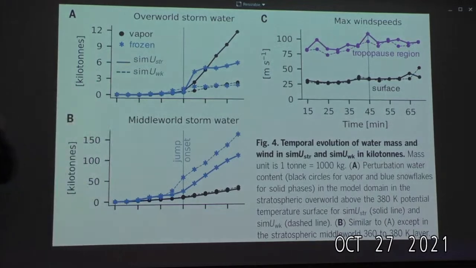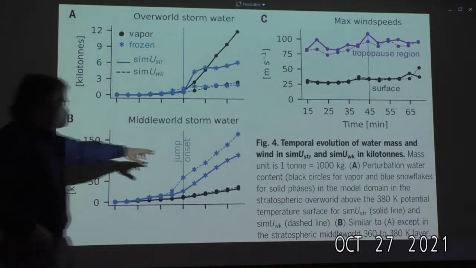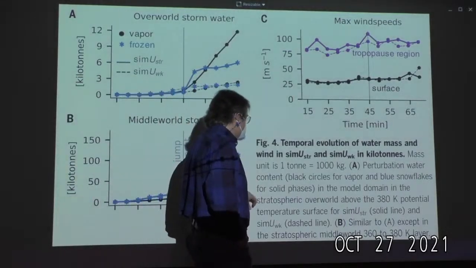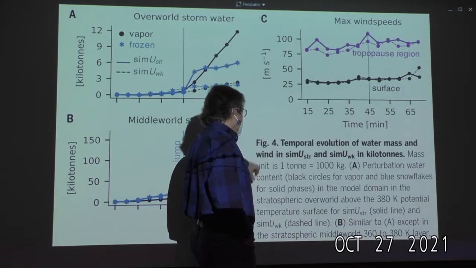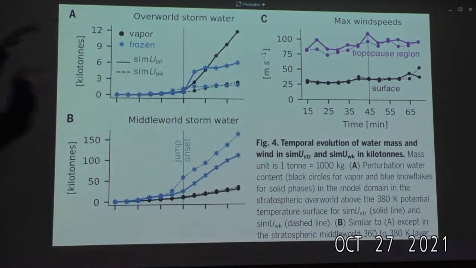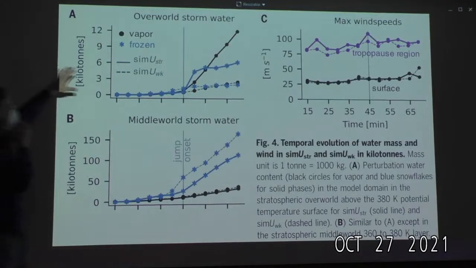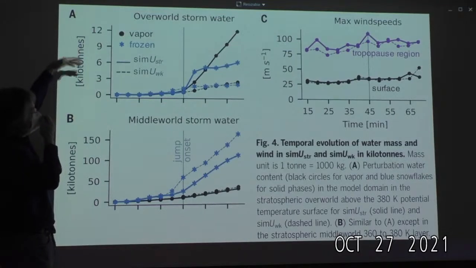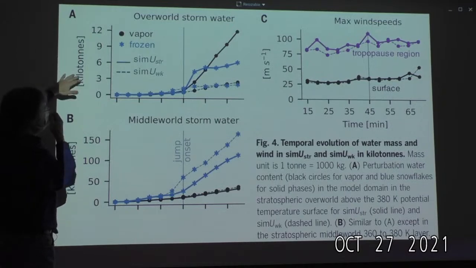So what this tells us is, we're calling the stratospheric middle world the region between the following isotopes. It's the lower stratosphere versus the upper stratosphere, basically. Middle versus over. She's calling overworld, getting up into 25 kilometers above the ground.